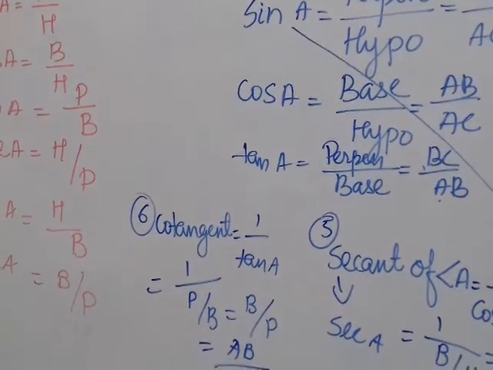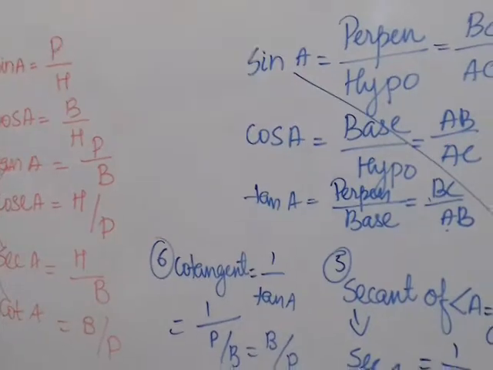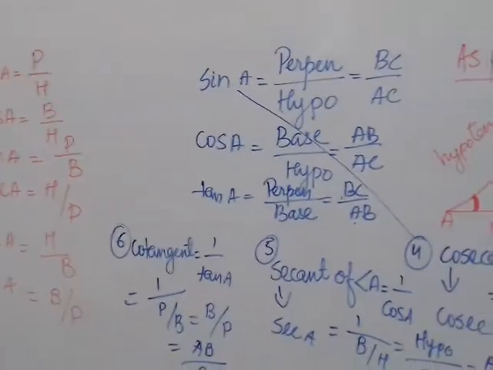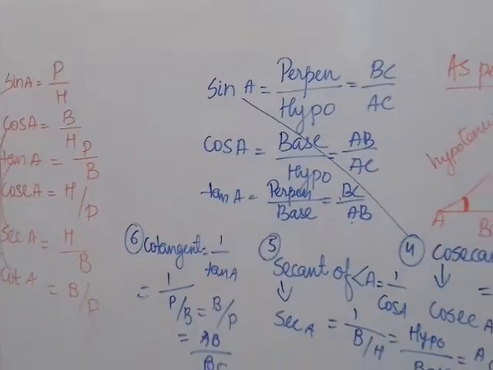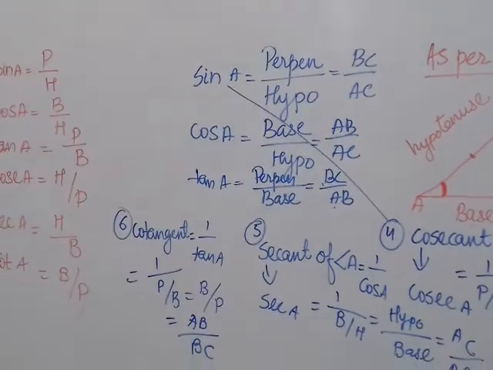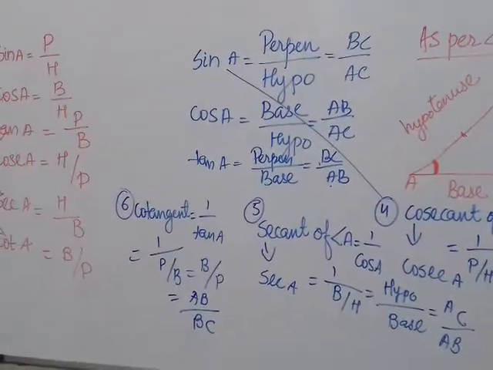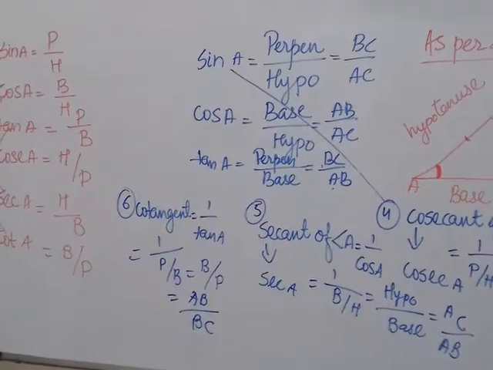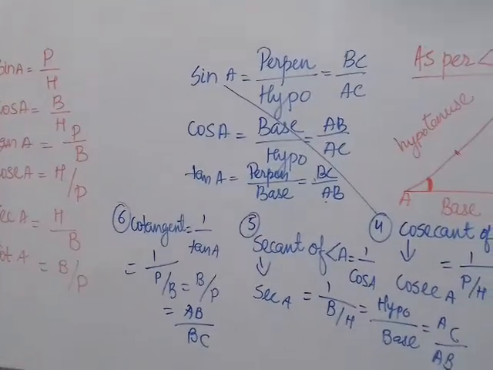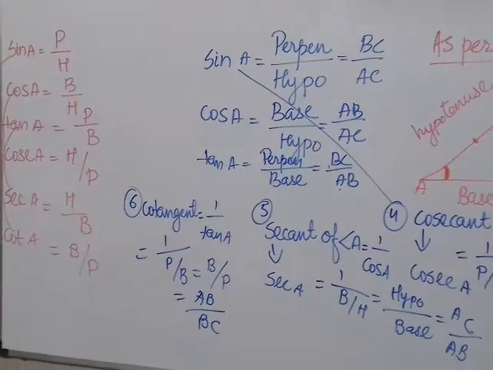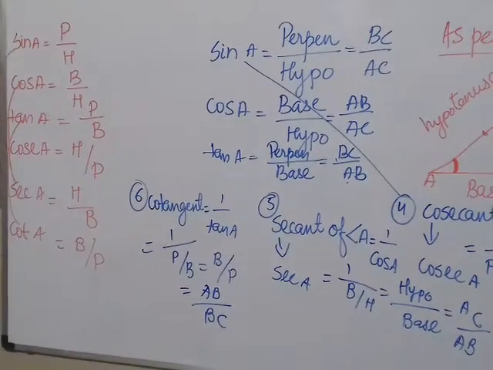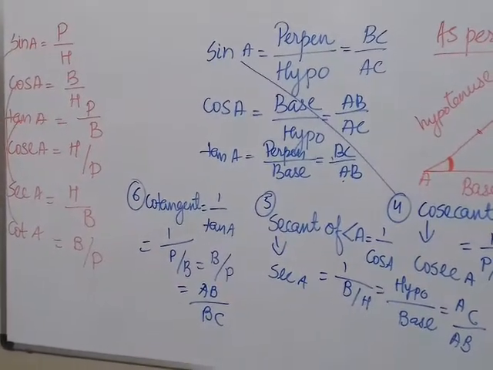You can easily remember. Sin A is equal to P by H, P for perpendicular, H for hypotenuse. Cos A is equal to base by hypotenuse, that is B by H. And tan A is equal to P by B, perpendicular by base.